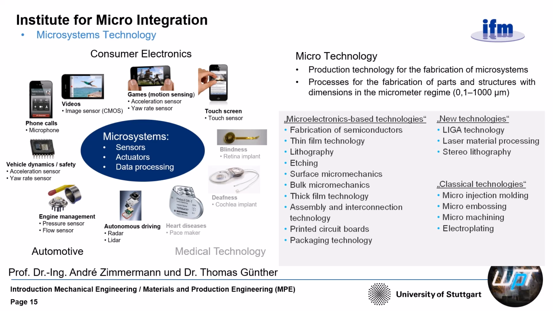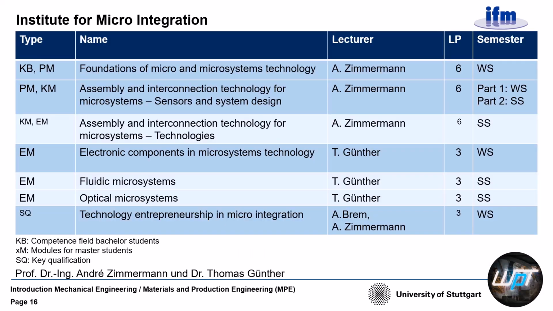So they listed here on the right-hand side of their slide the topics of the modules. You can enjoy etching technologies, surface micromechanics, bulk micromechanics, a very future field in production as well. The second slide is dedicated to the lectures.